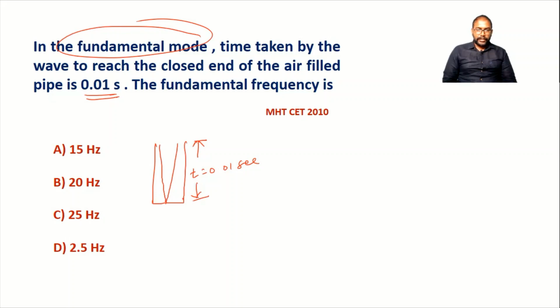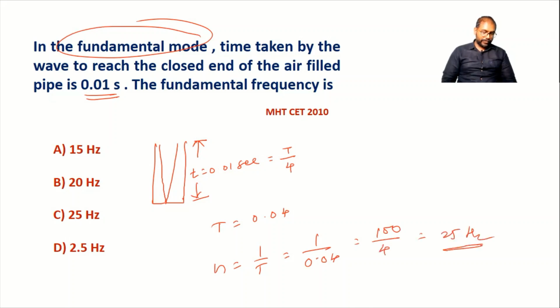Now you know that this time is obviously T by 4, so T is 0.04. We have to write the frequency. So frequency is 1 by T, so 1 upon 0.04. It means 100 by 4, which is 25 hertz. So 25 hertz is the right answer for this question.